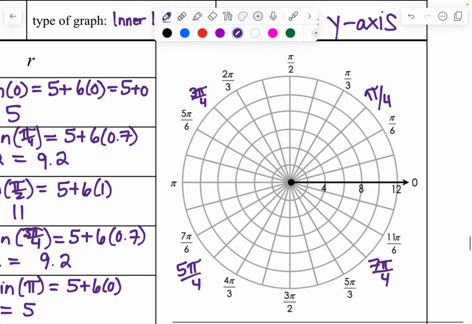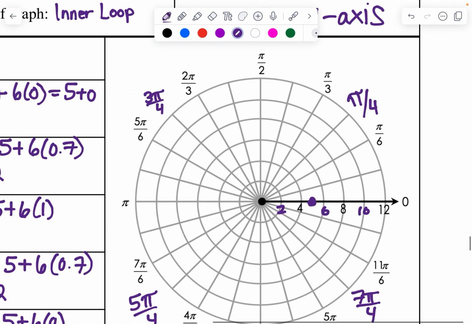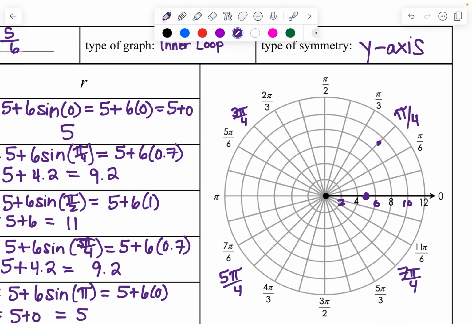So at 0, we're supposed to be out at 5. So notice that they're counting by 2. So this is 2, 4, 6, 8, 10, 12, to make sure everything can fit. So 5 is going to be right here between the 4 and the 6. Next one at pi over 4, so I've got to be out at 9.2. So right around there, we'll say.